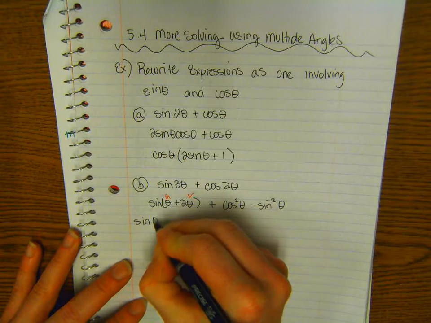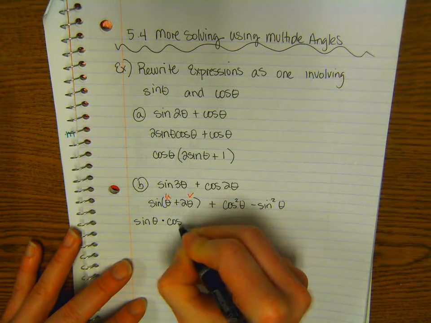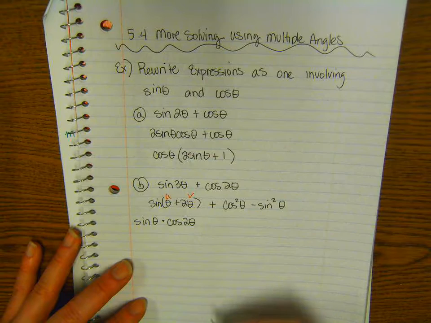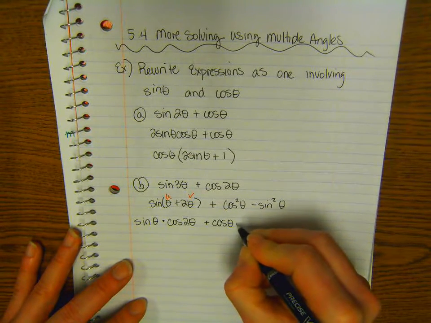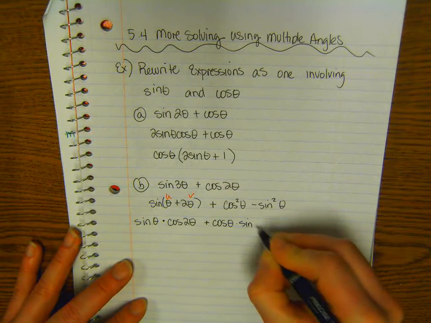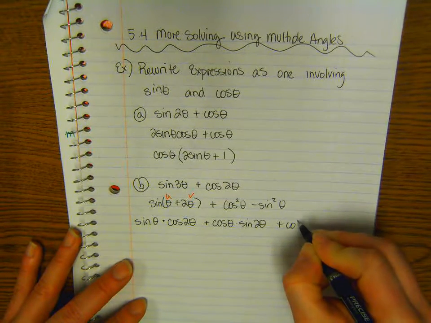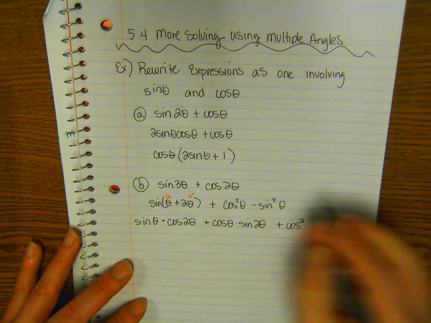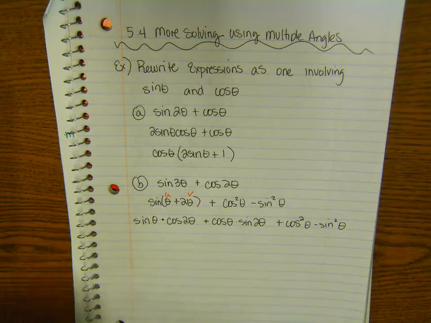Okay, so I'd write sine of theta times cosine of 2 theta plus cosine of theta. I just was using the sine sum formula on this. I already did that. Okay.